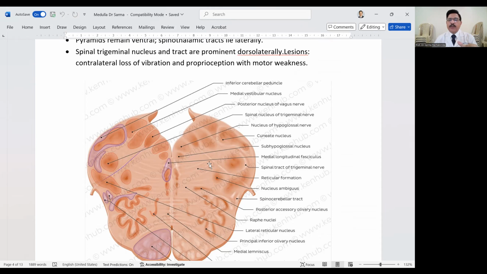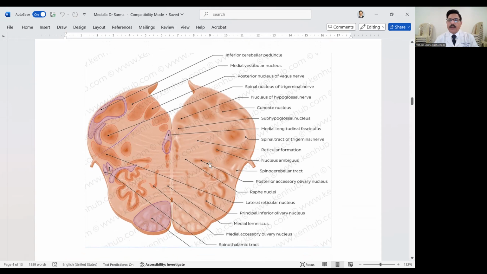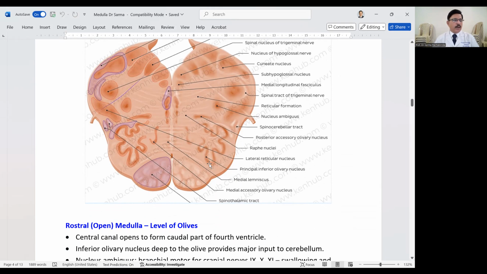Then: spinal tract of the trigeminal nerve, reticular formation, nucleus ambiguus, spinocerebellar tract, posterior accessory olivary nucleus, raphe nuclei, lateral reticular nucleus, principal inferior olivary nucleus, medial lemniscus, medial accessory olivary nucleus, and spinothalamic tracts. Finally, on the right side, you can see the pyramidal tracts bundled nicely, and they would have crossed by now because this is the lower, rostral part of the medulla.